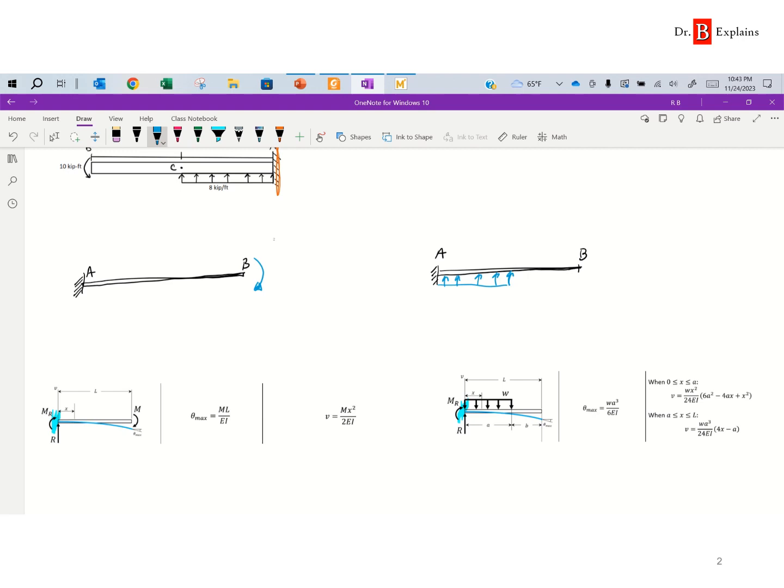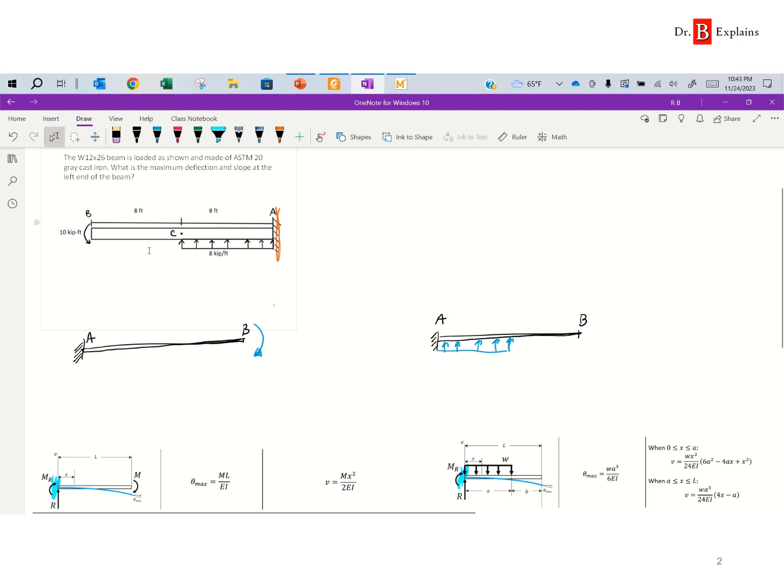Next, what I want to do right here is transfer the dimensions. So the beam has a span of 8 plus 8, or 16 feet, which when multiplied times 12 gives 192 inches. So this is 192 inches that way.